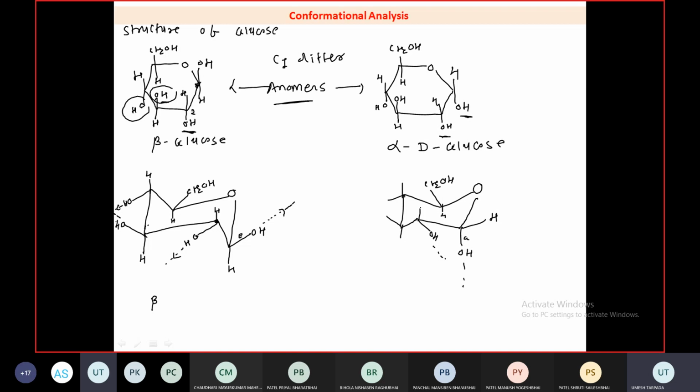So these two are cis to each other. Now these two are trans. Remember, these two groups are trans to each other, so this is in a downward direction and this is in an upward direction. Look here. Now these two are also trans, so you can put the OH group here.